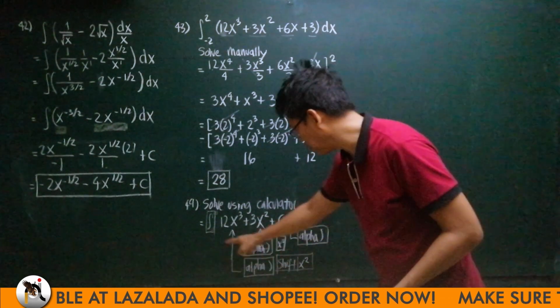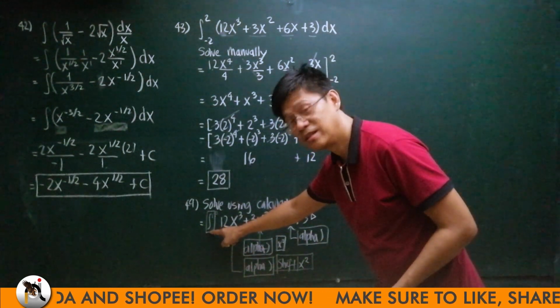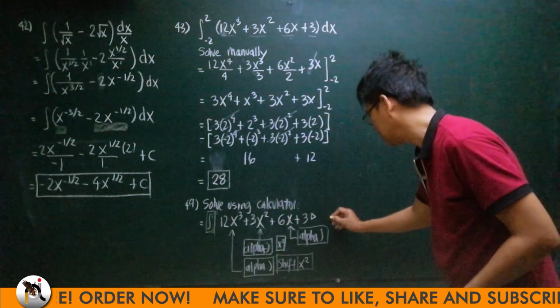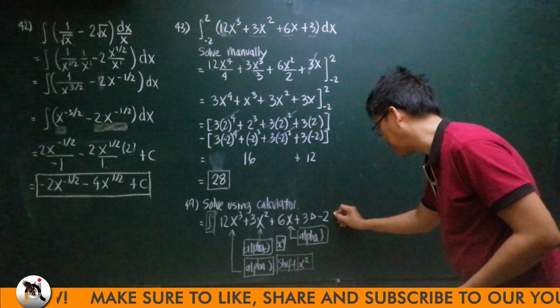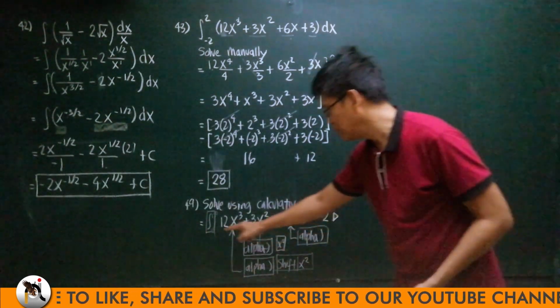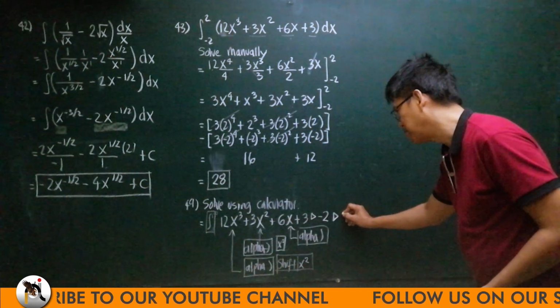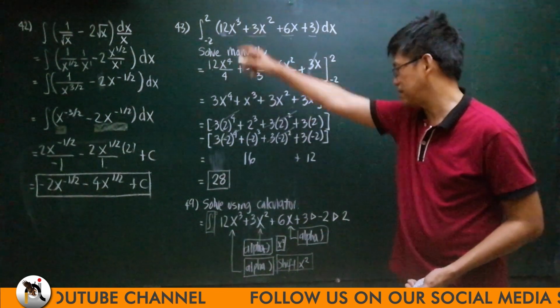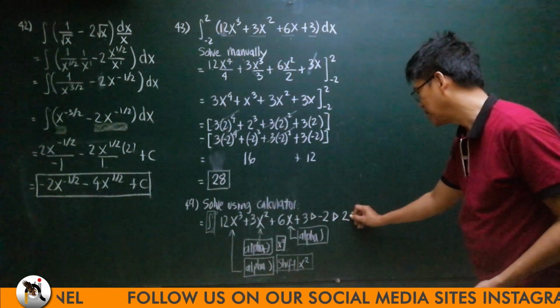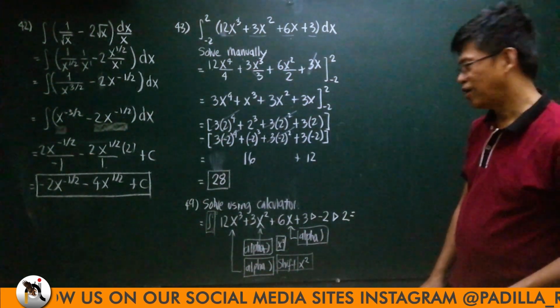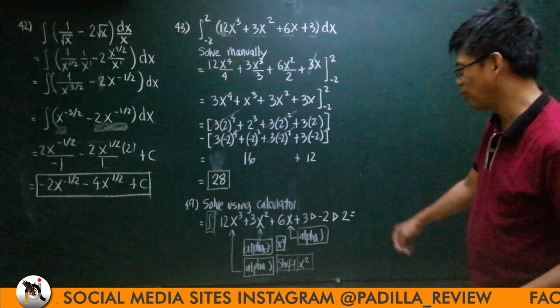Your cursor will move to the lower limit. So the lower limit is minus 2. Then press the right arrow key. Your cursor will move to the upper limit. So this is 2, the upper limit. Then press equals. So it will process for a while.